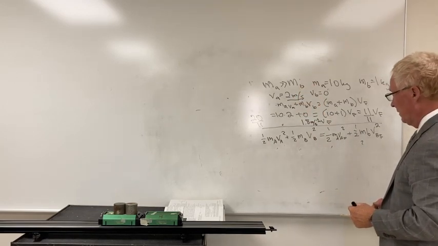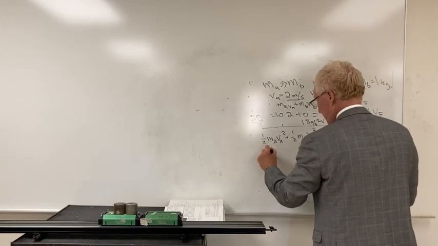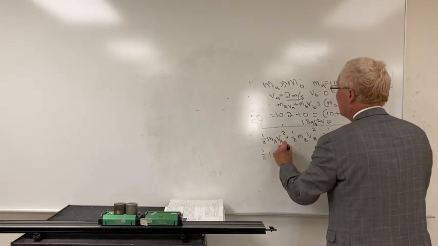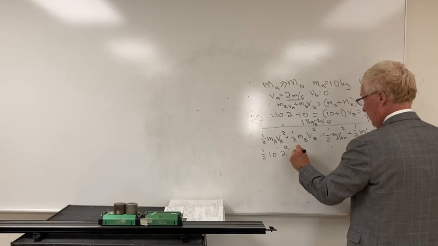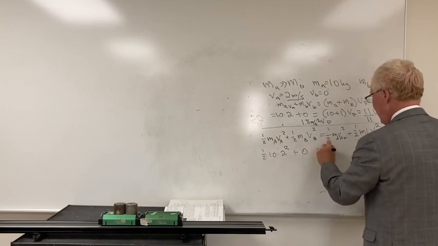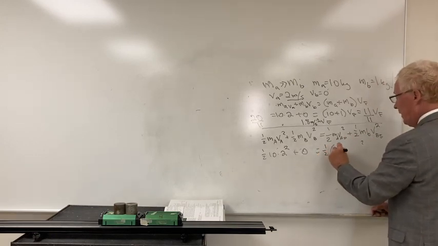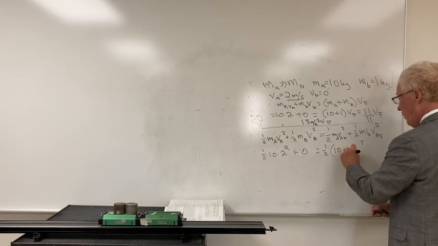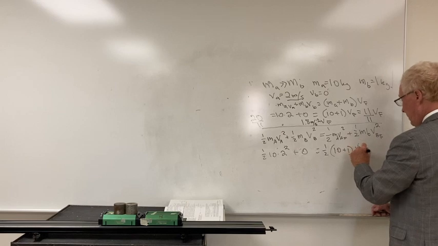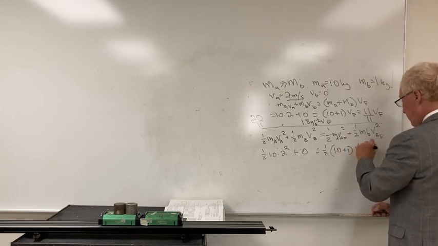So let's look at the energy. Again, we have 1/2, put in numbers. This will be 1/2 times 10 times 2 squared plus 0 equals 1/2 times, again, they're both together, 10 plus 1 times 1.8 squared.